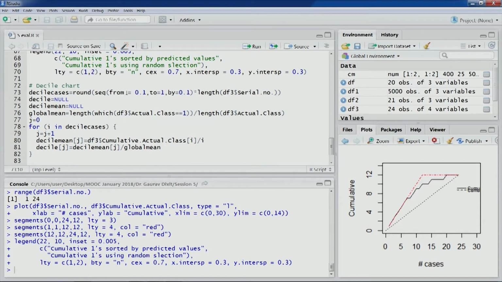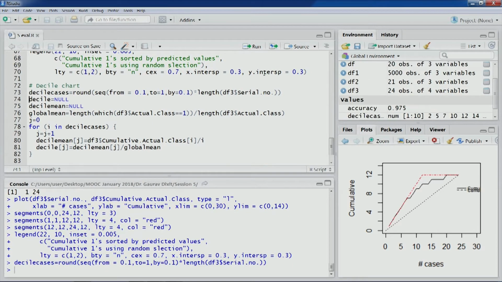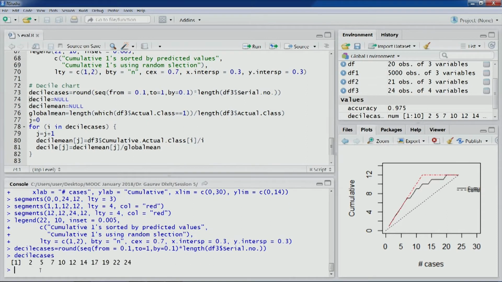So, let us first create this variable, decile cases. This is a variable representing the number of observations that are going to be there for each decile or each bar. So, the first decile will show a bar for about 2 observations, then 5 observations, 7 observations, 10 observations, in this fashion.